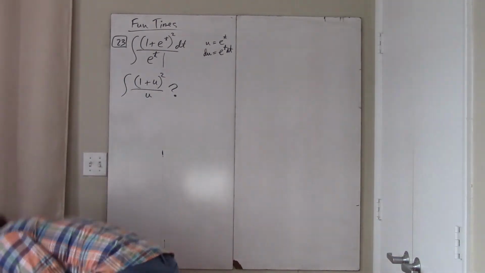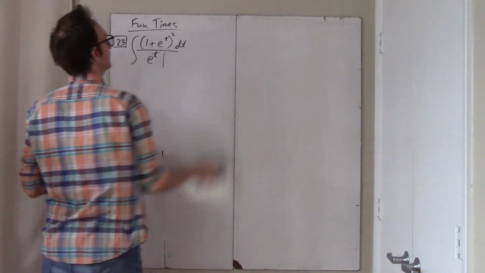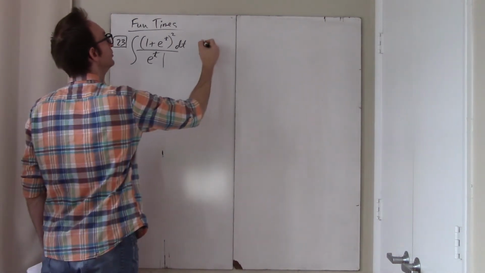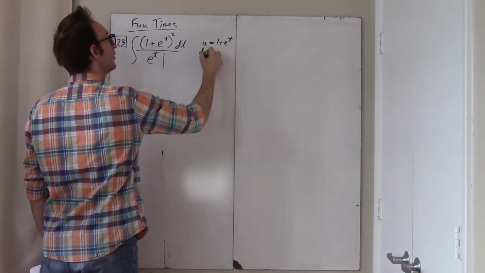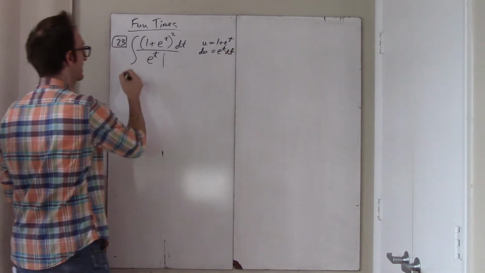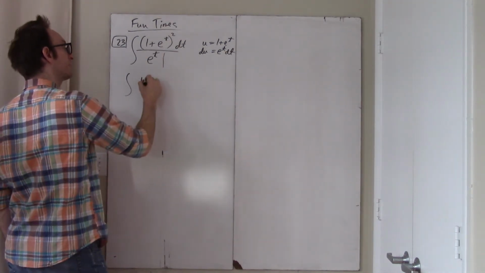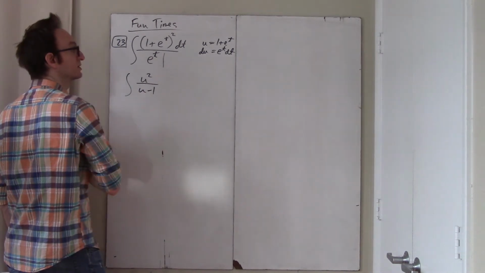Okay, if that doesn't work, perhaps I should try to let u be 1 plus e to the t. Now du is again e to the t dt, so that seems better, because now I have something simpler up top, u squared, over, I guess, u minus 1 or something.